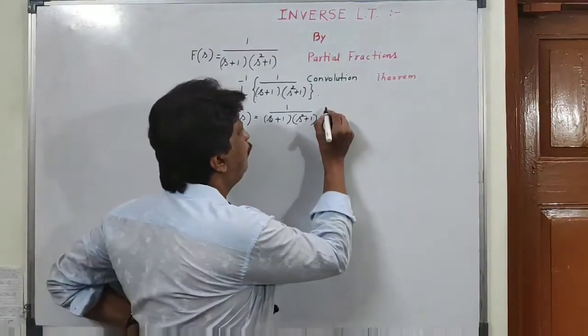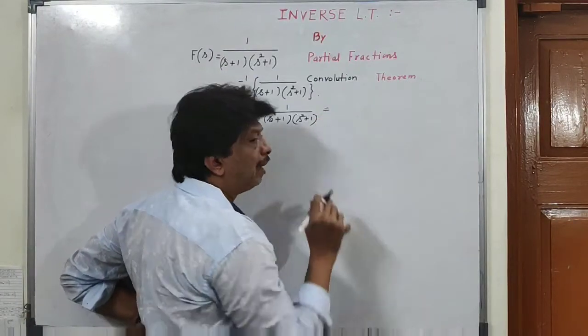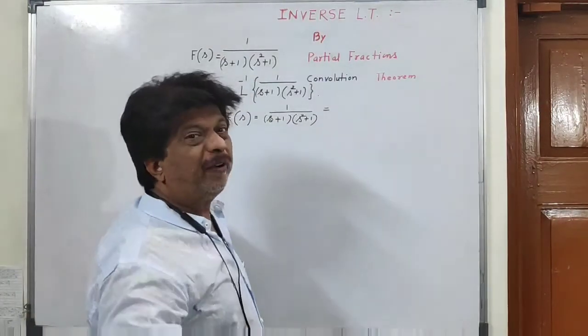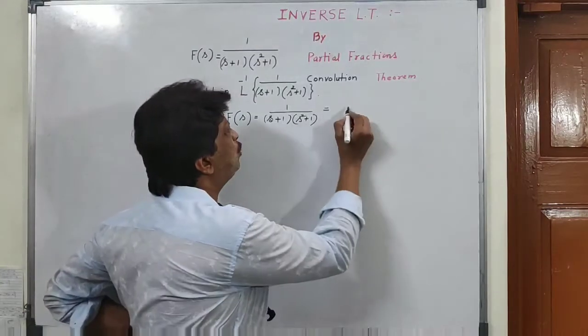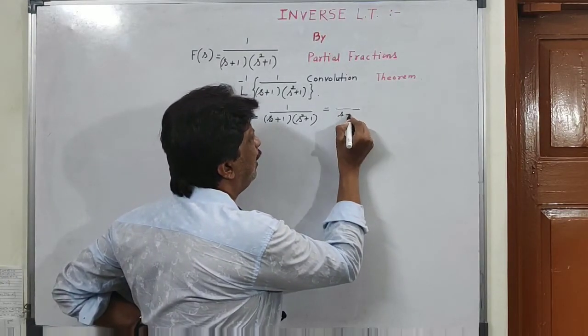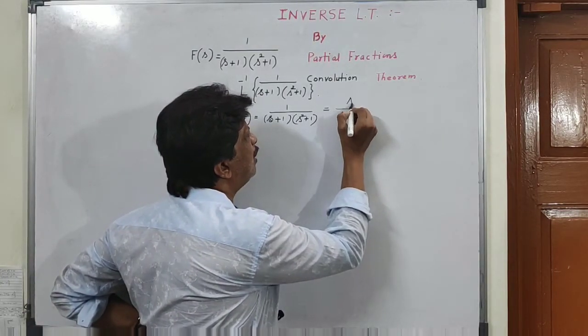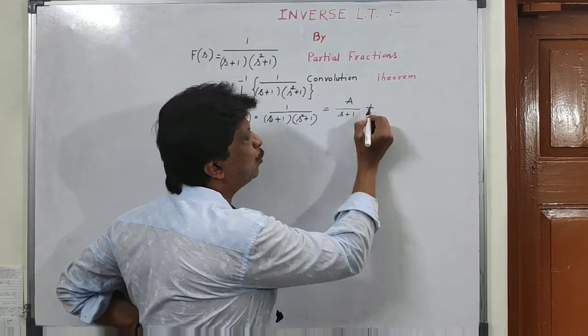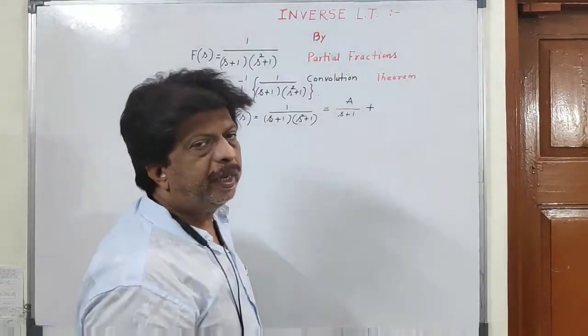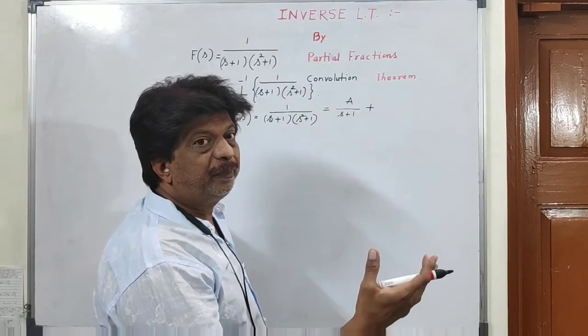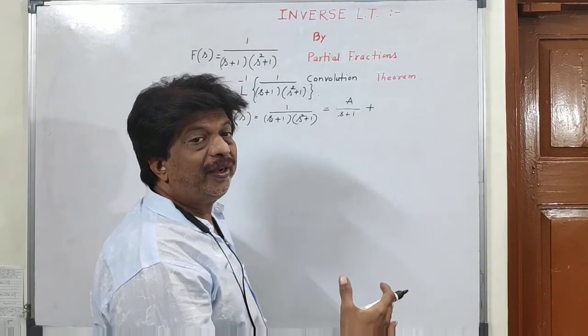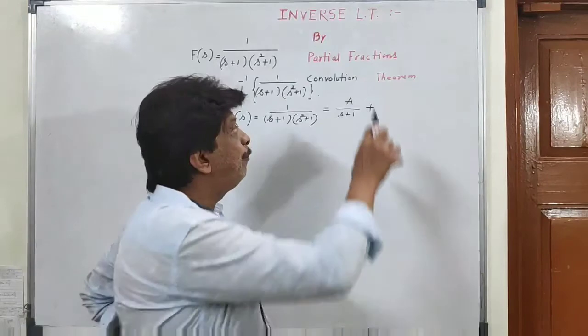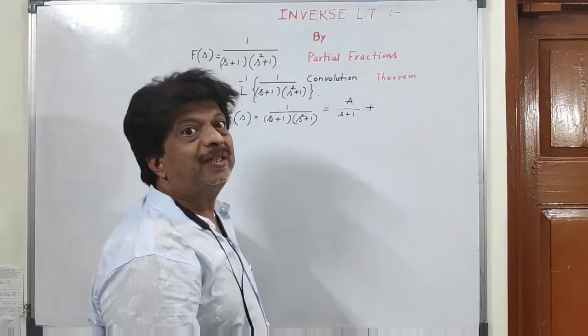So, as we are resolving into proper fractions, the s plus 1 factor must be resolved by a constant upon s plus 1. The degree of numerator must be less than that of the denominator; then that fraction is said to be proper.